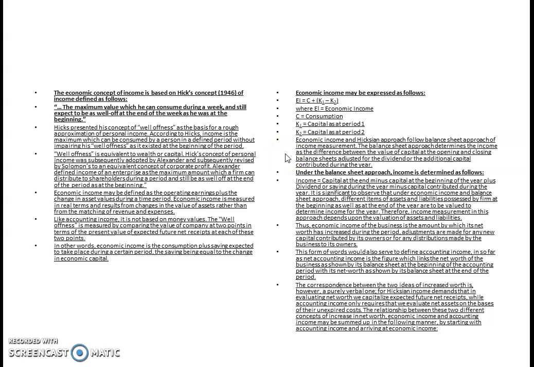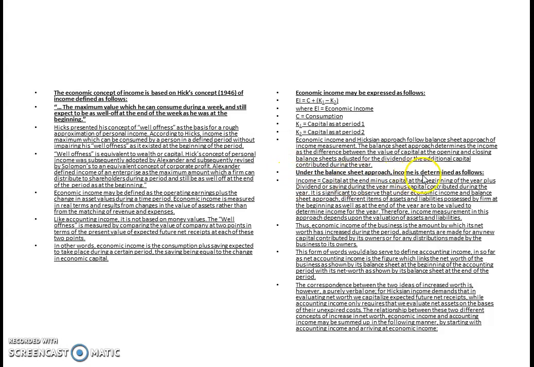Balance sheet approach means the value of the capital at the end minus the value of the capital at the beginning. You deduct it, then you find out how much you could increase your capital. That, he says, is your economic income.